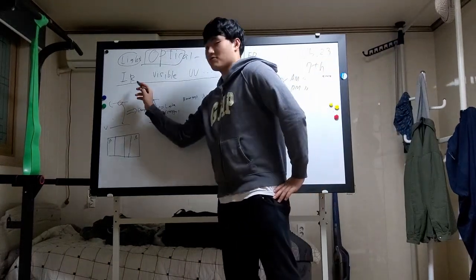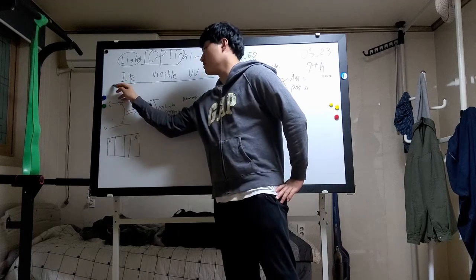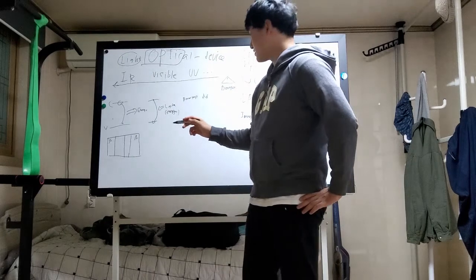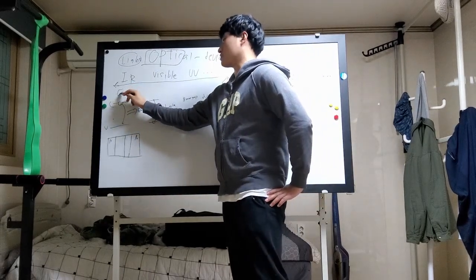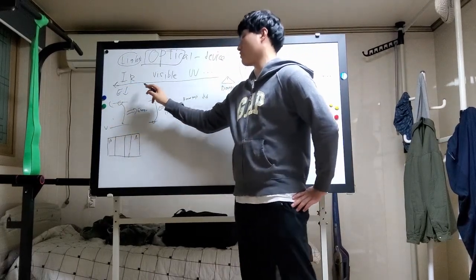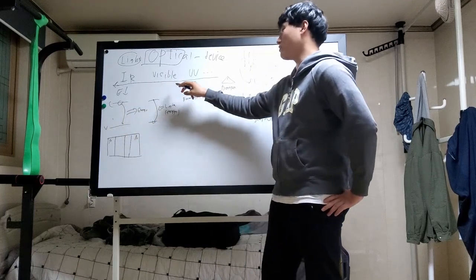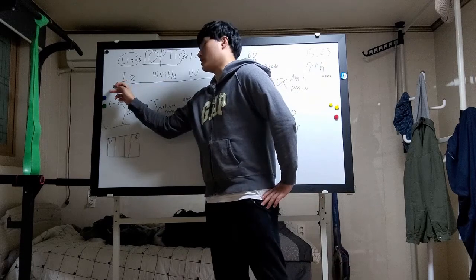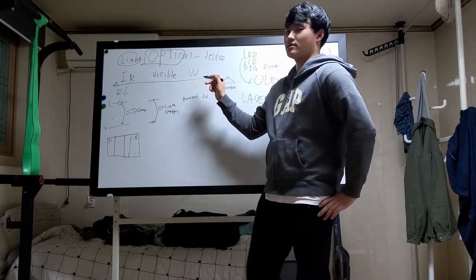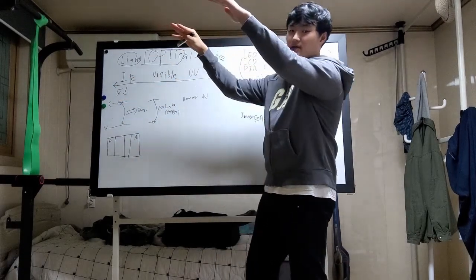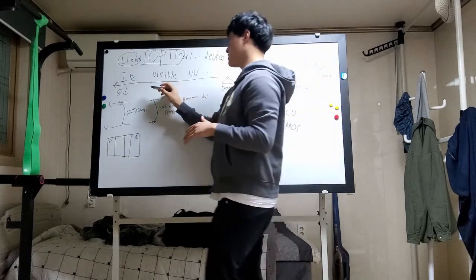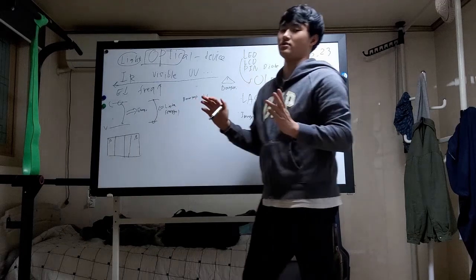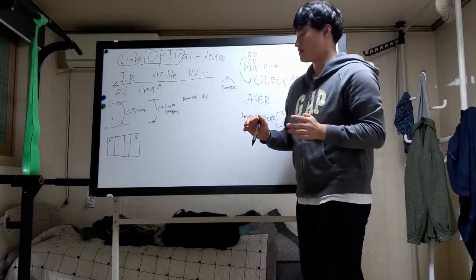But as you can see here, when getting closer to the infrared, the energy is lower than next to the visible or ultraviolet. So from infrared to ultraviolet, the energy increases, which means the frequency gets faster and higher than the previous one.